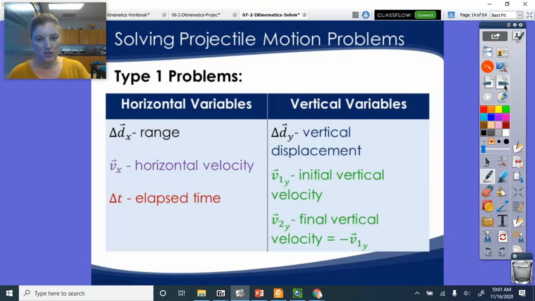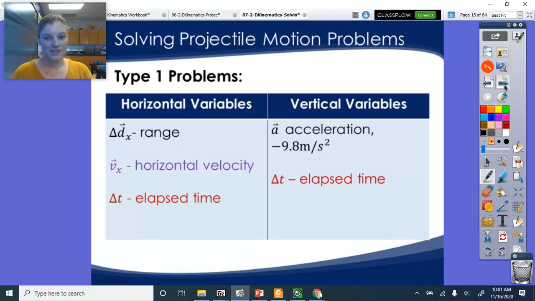Then our initial velocity in the y, and our final velocity in the y, which is just going to be our initial velocity in the y direction, but heading the opposite way. So it's our negative initial. Then we also have acceleration, acting only in the y direction, and that's at negative 9.8 meters per second squared, always on Earth. And then our elapsed time, which is going to be the exact same value that we use in our horizontal side.